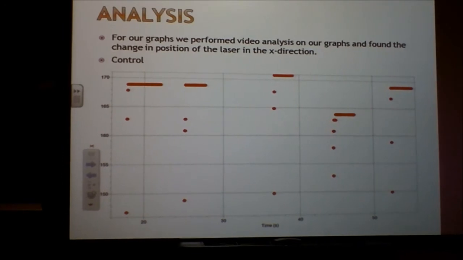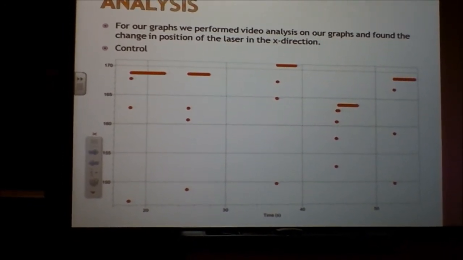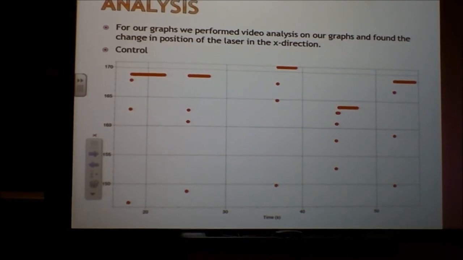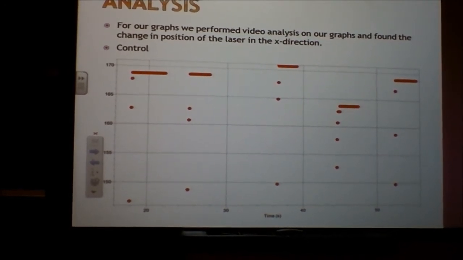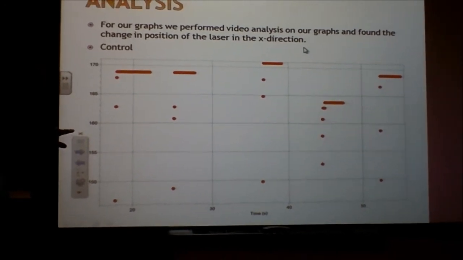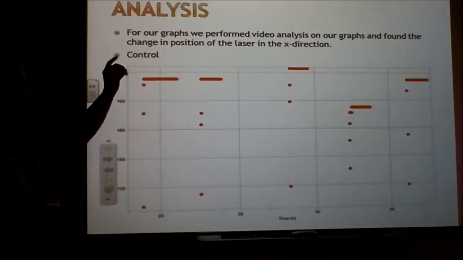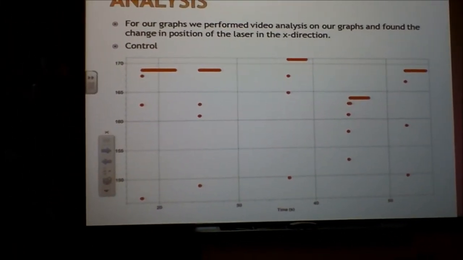We didn't really know what to make of this. You could see it kind of increasing, but it was very weird. This is X displacement right here, and we measured using linear analysis how much it was elongating each time over time.